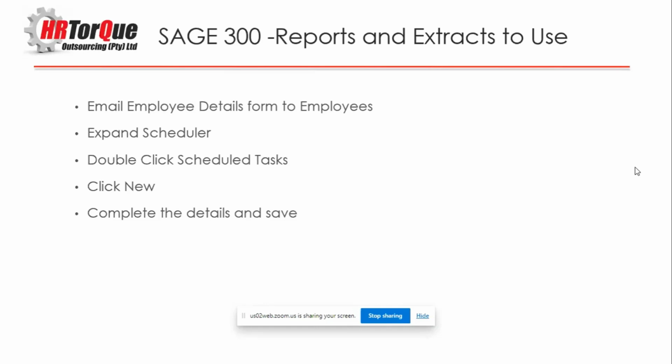If they have an email address on the system, you will be able to email it to them. So on your Sage 300, you would expand your scheduler. You would double click scheduled tasks. You would click new, and then it will bring you the screen where you can complete all the details and save it. And then, because it's a scheduler, you can tell it what time to run.